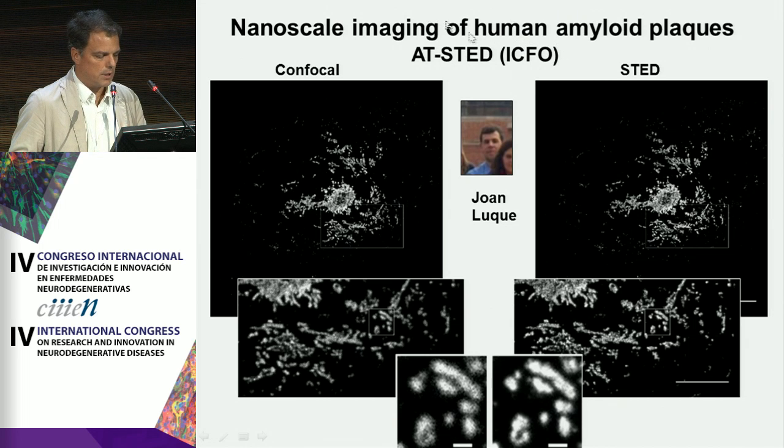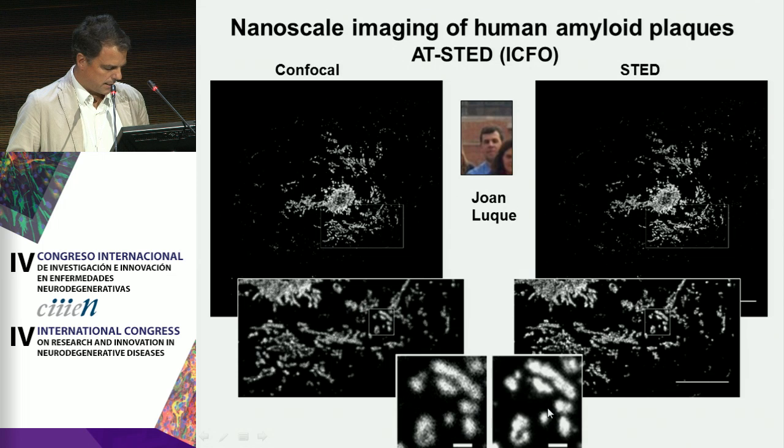We have done this in collaboration with ICFO, a photonic center that we have in Barcelona, where they have this STED technique available. As you can see here, this is an amyloid plaque using array tomography, with NAP61 for oligomeric forms of A-beta. And this is an example of how you see the different oligomers here.